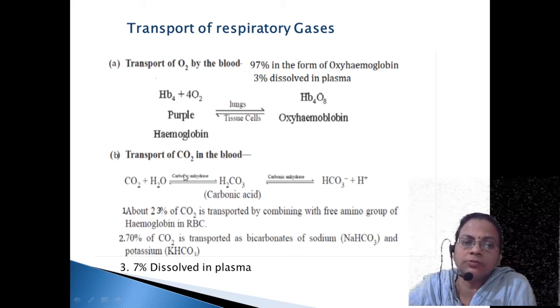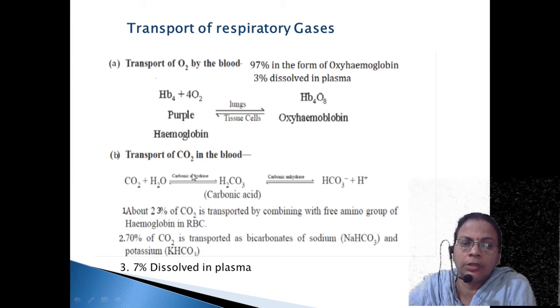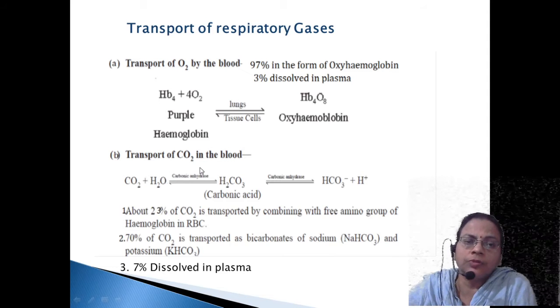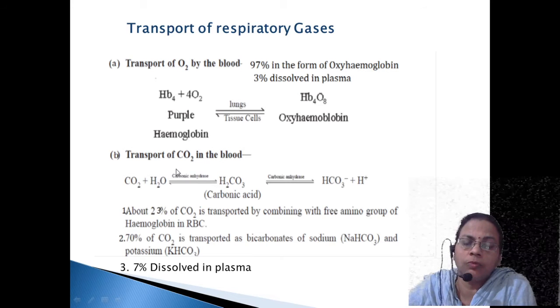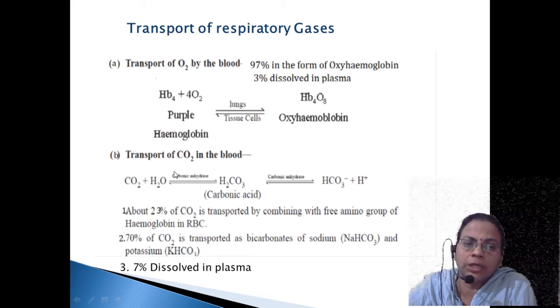This upward direction is carbon dioxide from the tissues combining with water: carbon dioxide diffuses into the blood, combines with water in the blood, and enters into the RBC.